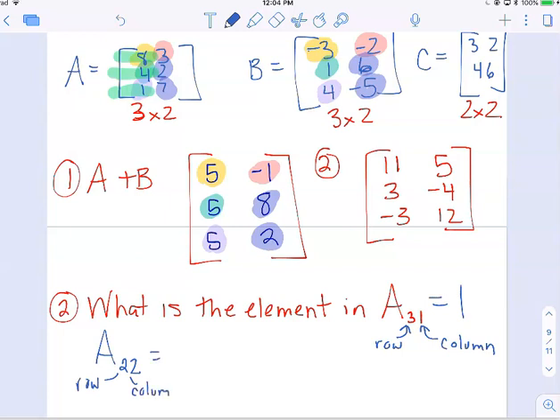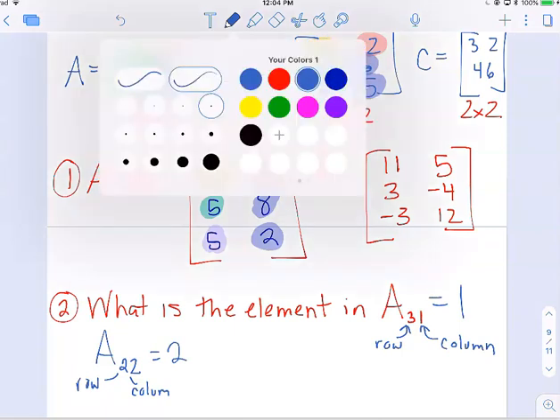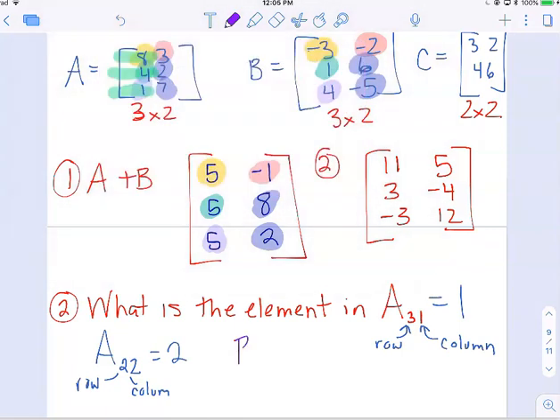So row 2, column 2 is the number 2. The letter out in front refers to the matrix. So if I would have said B1,1, row 1, column 1, going back up here, looking at matrix B, that would be -3.